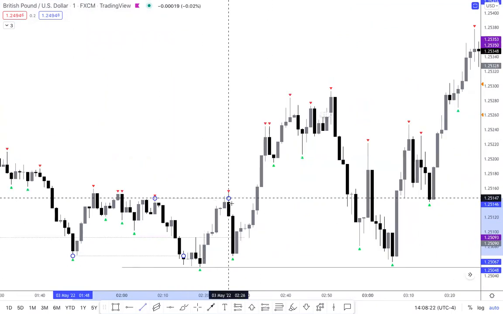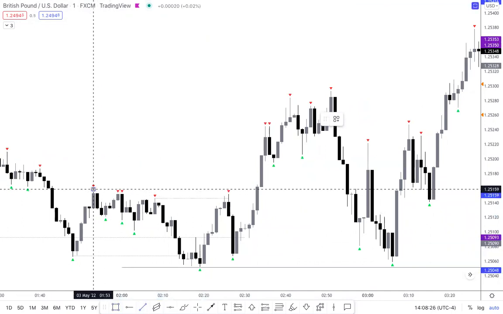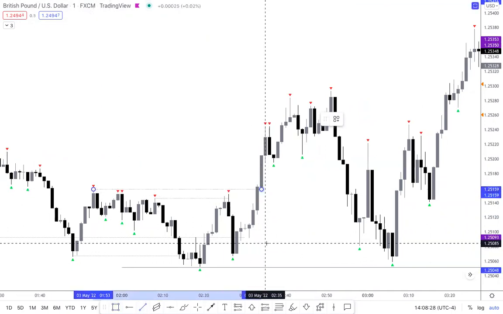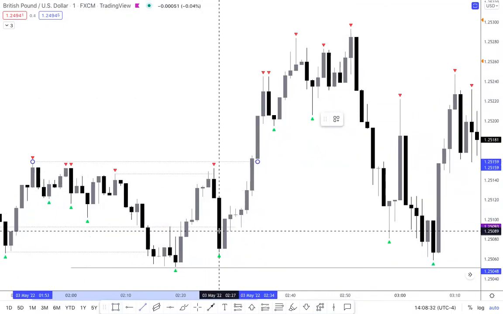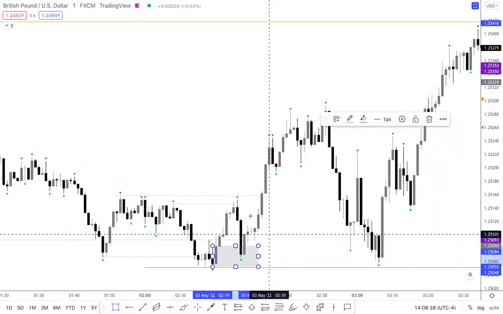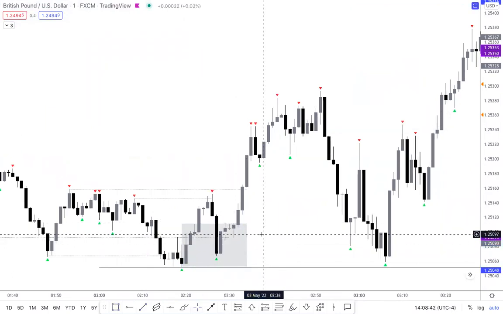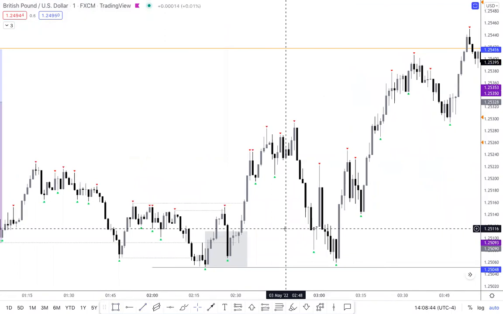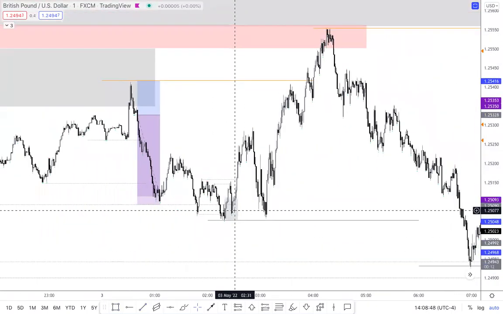Yes. Change character right here. I personally would generally like to wait for this to be that change. But this comes back all the way down to mitigate the extreme. I would have had money sitting a little bit higher only because there is imbalance left in here. And that would have been a decent trade back up.